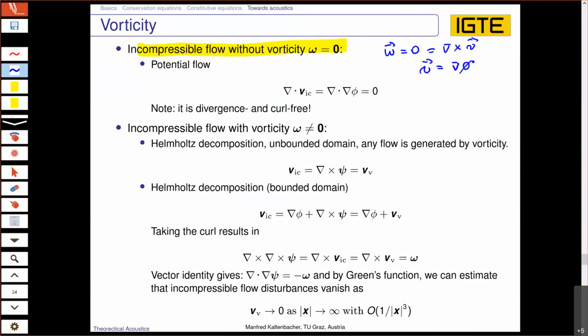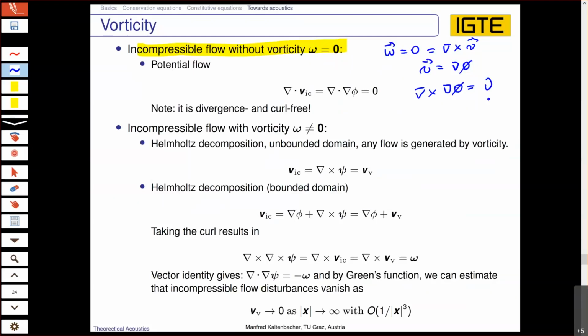In our case, it's the flow potential, because the curl of a gradient is by definition always 0. Just do this in the afternoon or evening and compute this explicitly. Use Cartesian coordinates. You first compute the gradient of a scalar function and then take the curl. You will see that this is exactly 0.